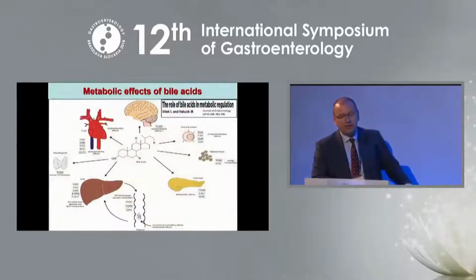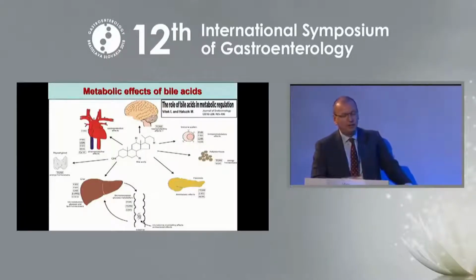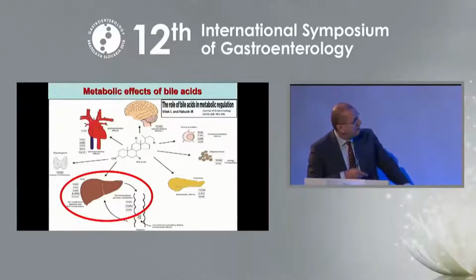On this picture, you can see what the metabolic effects of bile acids are and which organs and tissues are the targets for bile acids. I've already mentioned intestine and also liver tissue. In these squares, you can see all the receptors. Most of them are nuclear receptors, which are responsible for exerting the effects of bile acids.